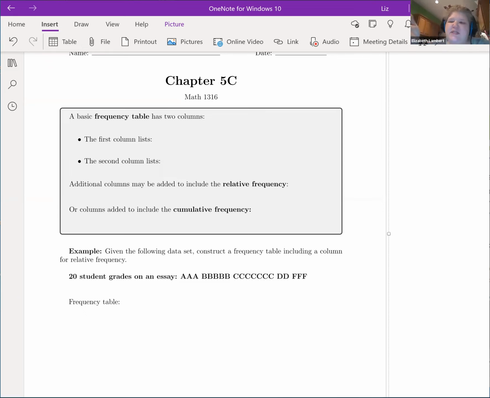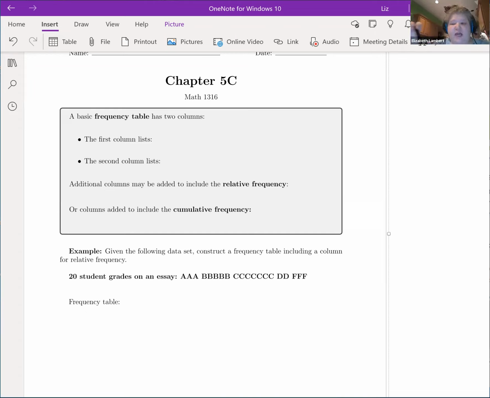Okay, so first things first, though, all of those graphs that we're talking about, the data comes from a frequency table, not radio frequency, but how often something occurs frequency. So these tables are generally set up where the first column is going to be the categories of the data, so the labels or the names. And then the second column is going to list the frequency that goes with each label.